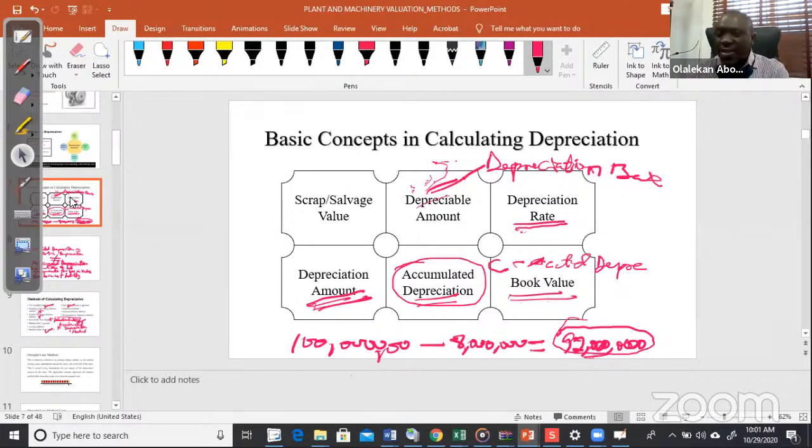A salvage value represents the value of an asset at the end of its life expectancy in an existing operation, where such an asset or any part of it can still have alternative use in any other process. That is salvage value.